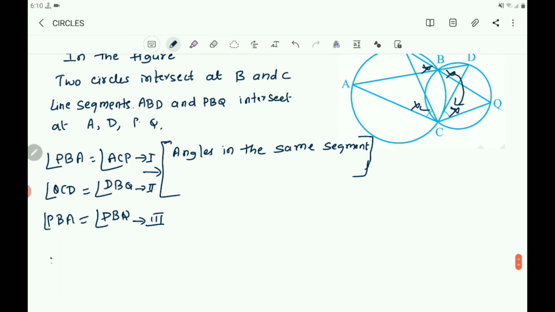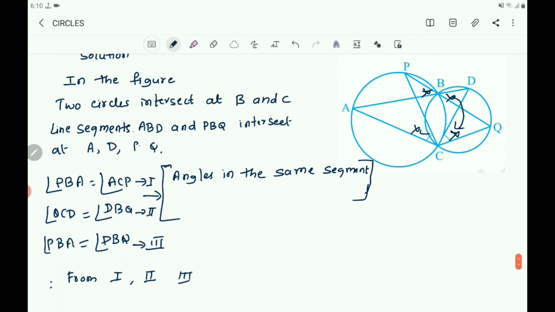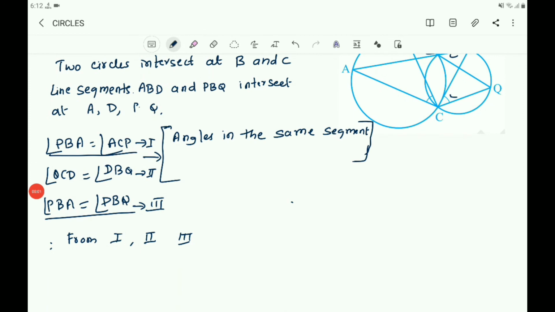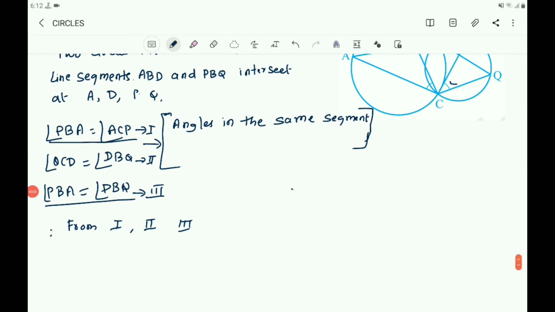Therefore you write all the four angles from first, second, third, right? So from first, second and third you write all the angles here.